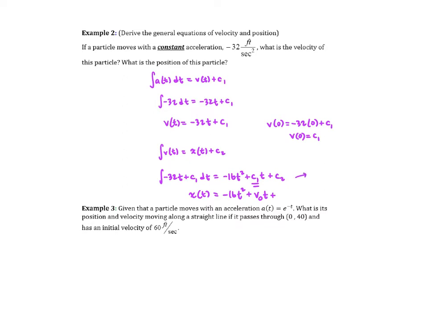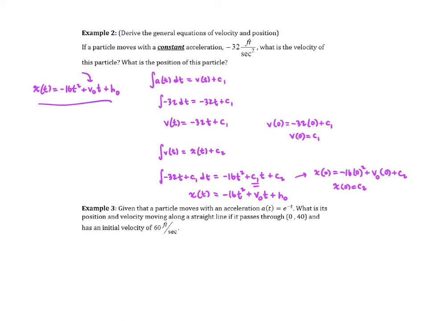Now, check this out. If I plug in a 0 into this function, I would get negative 16 times 0 squared plus v sub 0, or the initial velocity, times 0 plus c2. So you can actually see the initial position ends up equaling c2. Thus, we could call this your initial height, if you will, because as many of you know, those of you who are physics folks, this equation has to do with the position of an object based on the forces of gravity.